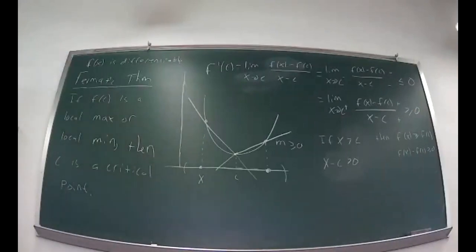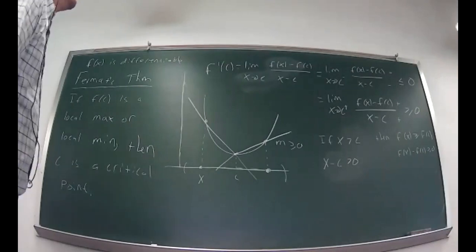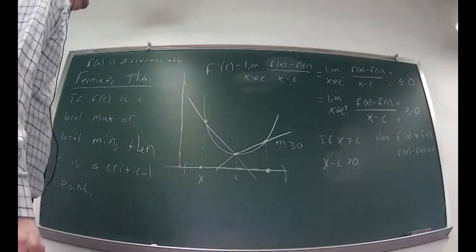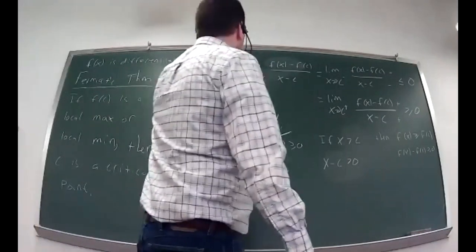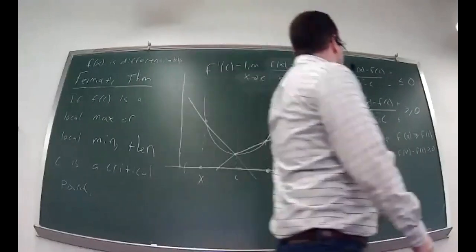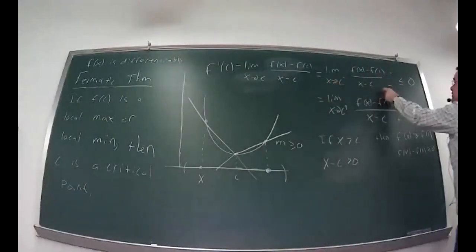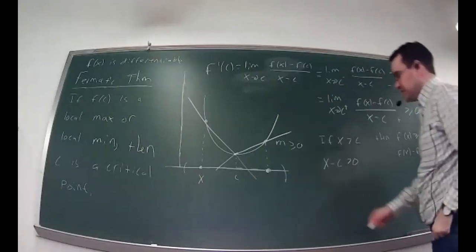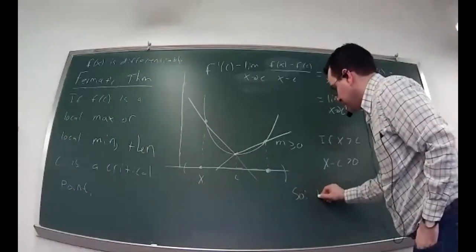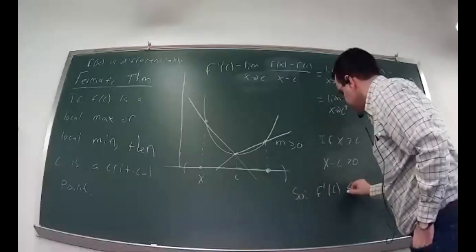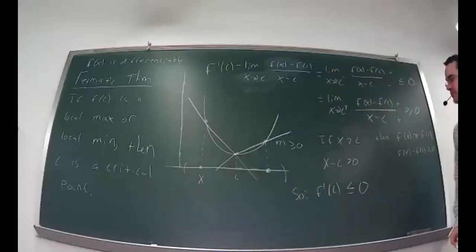So why does that show anything? It shows you that the derivative is equal to this left-hand limit, which is less than or equal to 0. So it shows you that f prime of c must be less than or equal to 0.